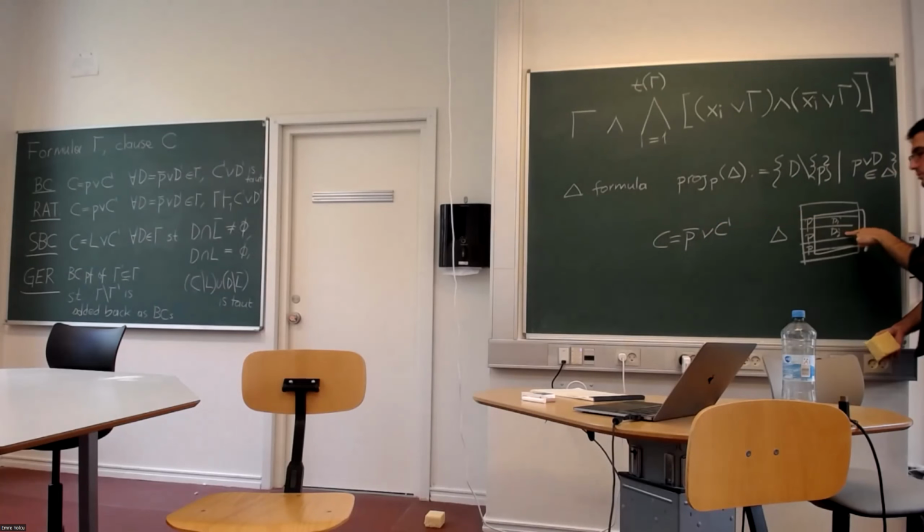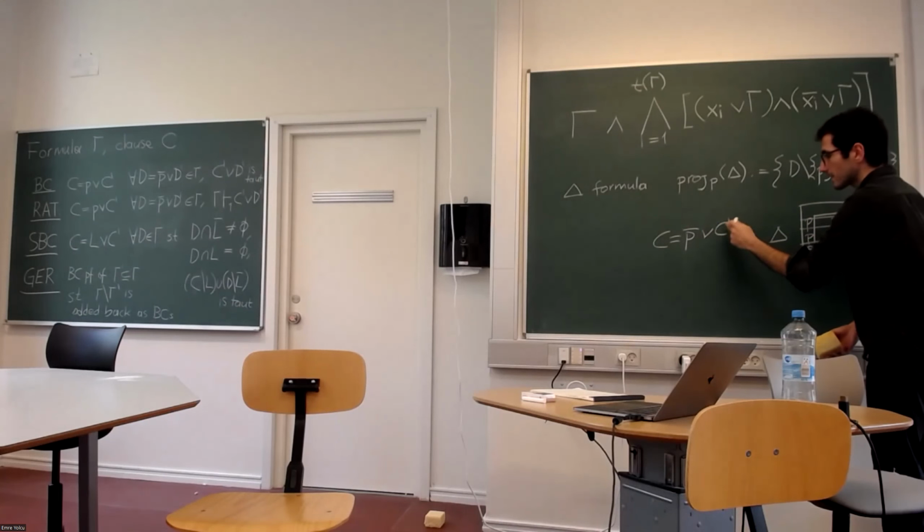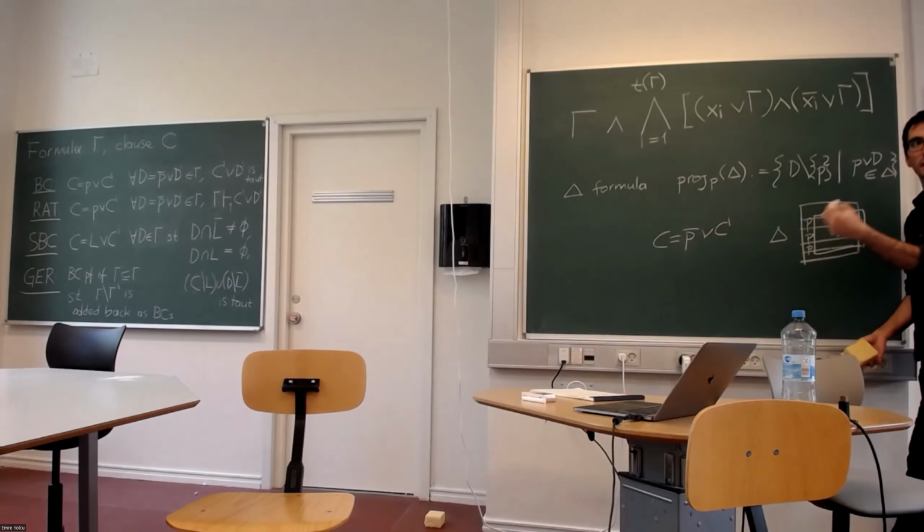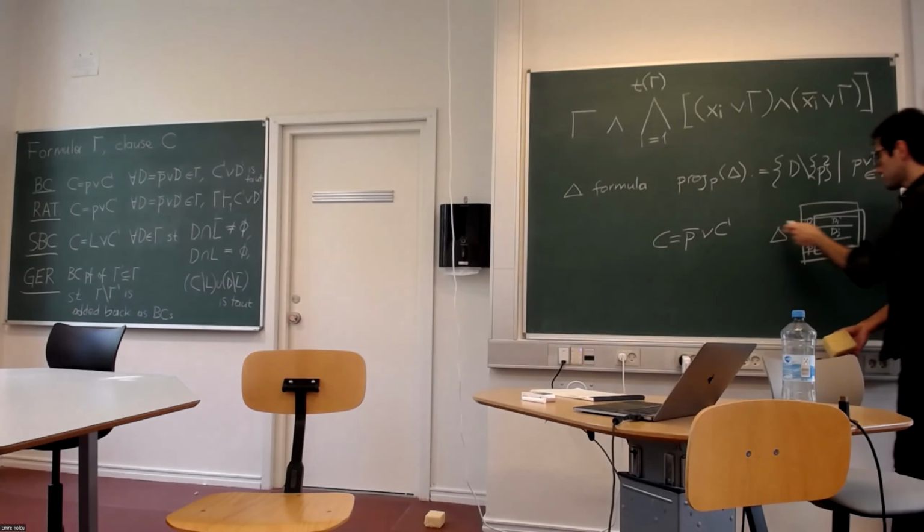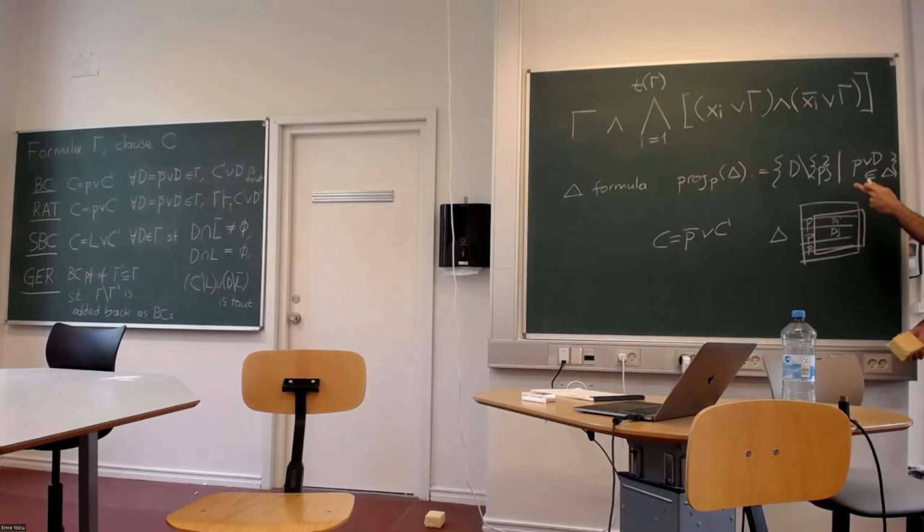Is C prime, D2 prime tautological or not? And I want all of these to hold at the same time. So then what does this mean? This means that the assignment that is the negation of C prime is a satisfying assignment to this projection. The block clauses are actually, in a sense, satisfying assignments to these little projections in the formula. Okay.